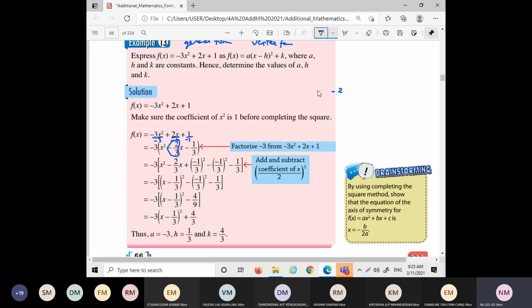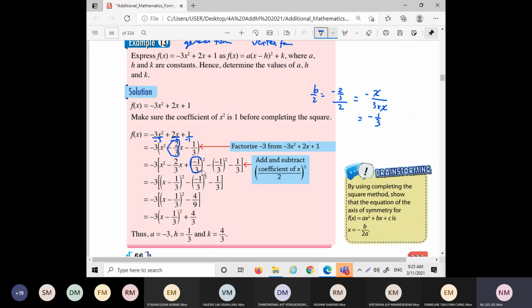So negative b over 2, so negative 2/3 over 2, this one is equal to -1/3. I think I went through this one with you already. I hope that you can do it very fast.